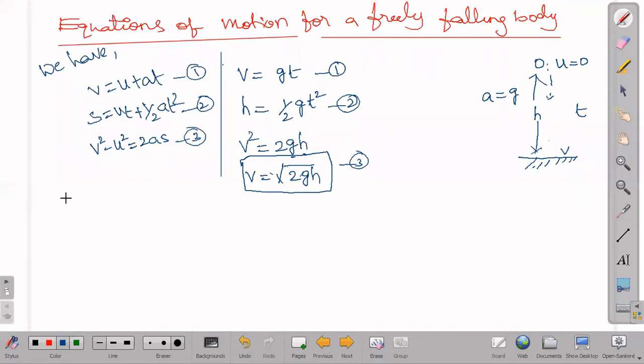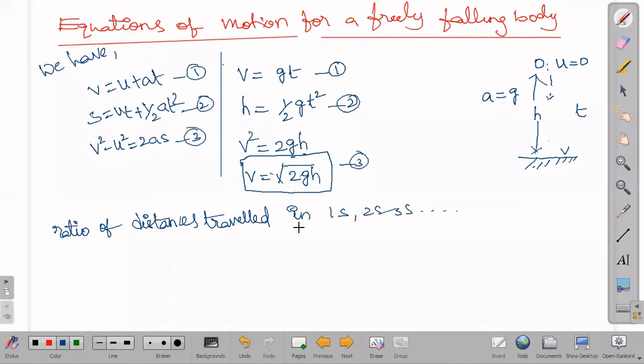Next, if you want to write the ratio of distances traveled in 1 second, 2 seconds, 3 seconds, etc., so what happens?